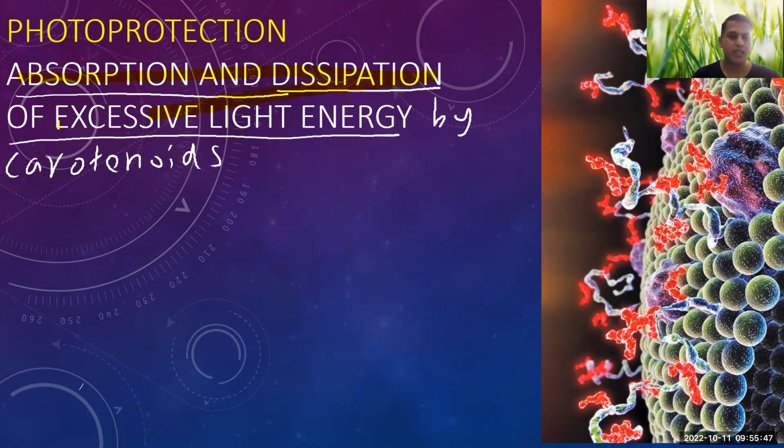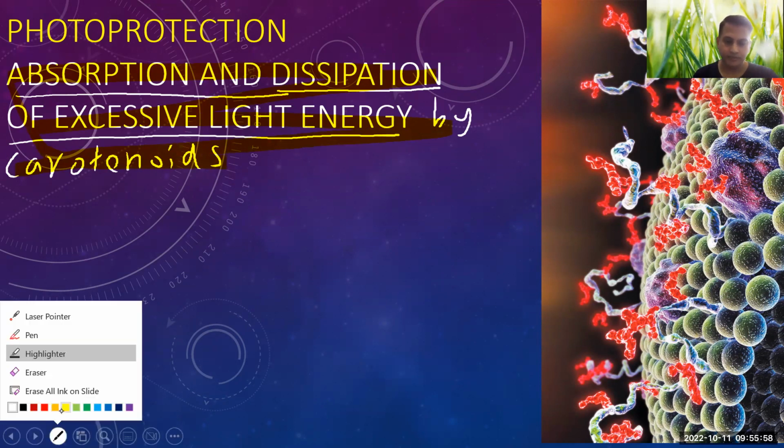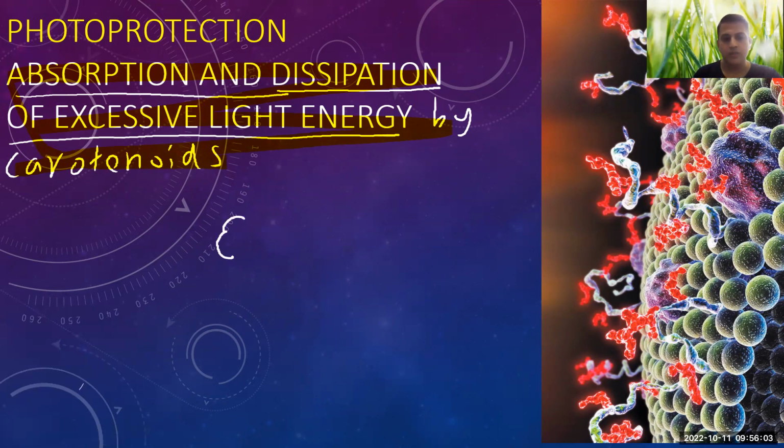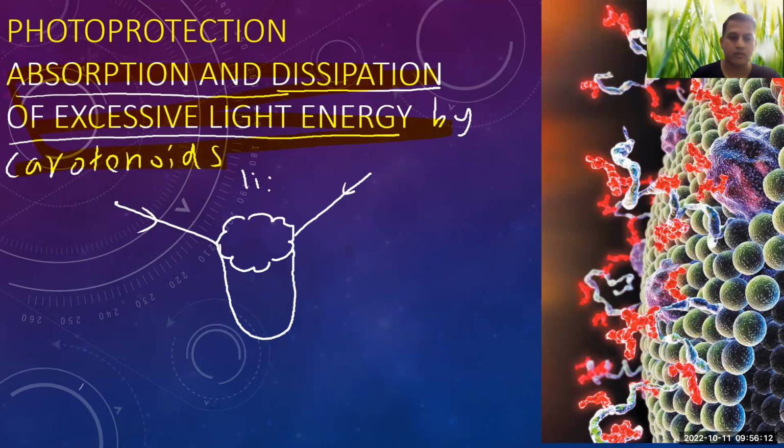Absorption and dissipation of excessive light by carotenoids. Okay, why is that? Because if the photosystem absorbs light, then this light is moving down to the reaction center.